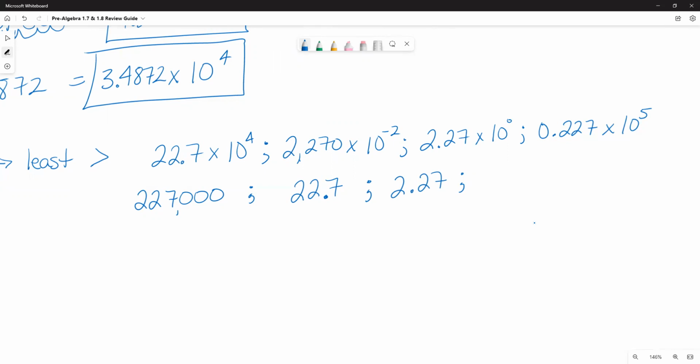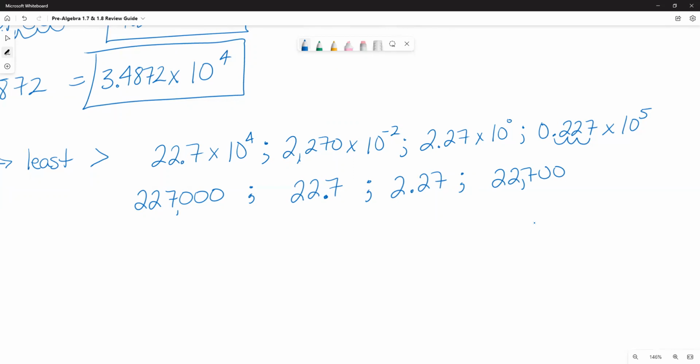So it's going to get smaller? Yeah, it's got to get bigger. So we're moving the decimal 2, 2, 3, and then we just add how many more zeros? Yeah, 1, 2, 3, 4, 5. So 22,700.